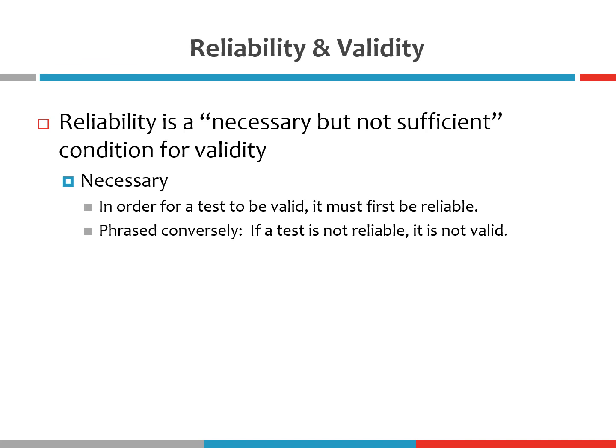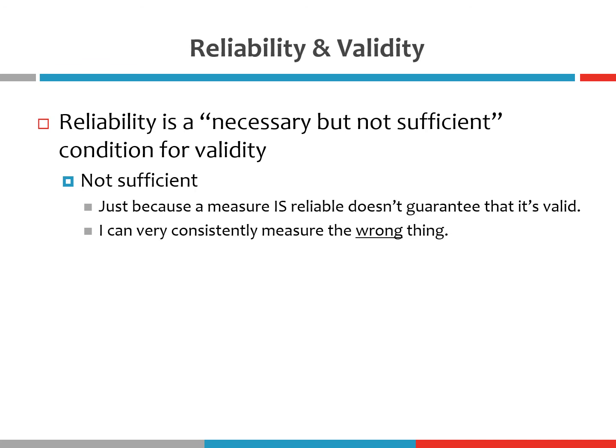In order for a test to be valid, it must first be reliable, or if a test is not reliable, it is also not valid. Okay. Similarly, reliability is not a sufficient condition for validity, right? So reliability is necessary, but it's not a sufficient condition for validity, right?